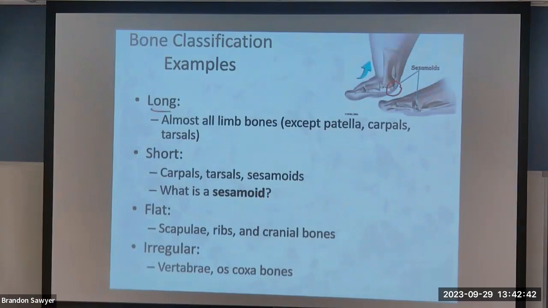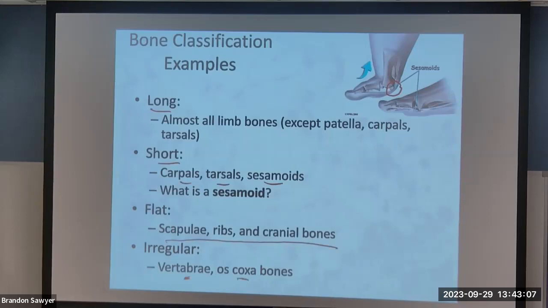When we look at short bones, these are carpals, tarsals, sesamoids. They're somewhat cube-shaped, right? And then some of these flat ones, like we talked about, the cranial bones, ribs, scapula, and then irregular: vertebrae, and those weird-shaped os coxa bones that make up the pelvis that you guys looked at. So just some more examples there.